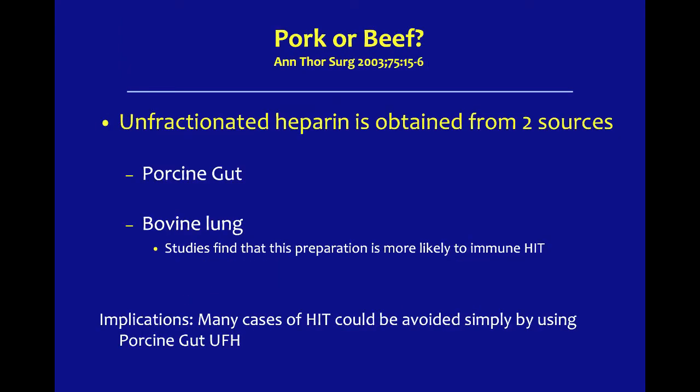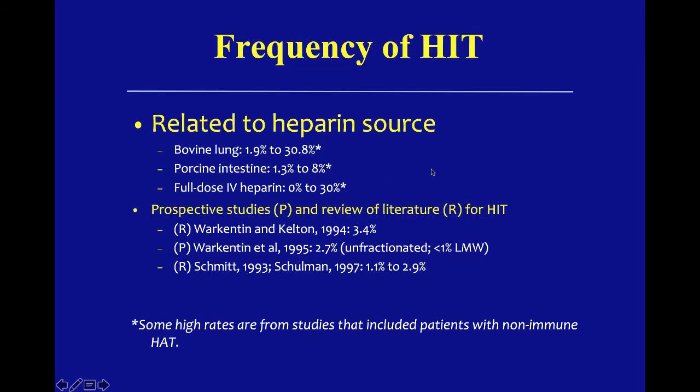So we talked about sources of heparin. We talked about porcine intestine or beef lung or cow lung. And we've pretty much seen a removal of the bovine lung heparin preparations. A couple of reasons: mad cow disease, and also there have been studies that show that the beef source has a higher incidence of heparin-induced thrombocytopenia.